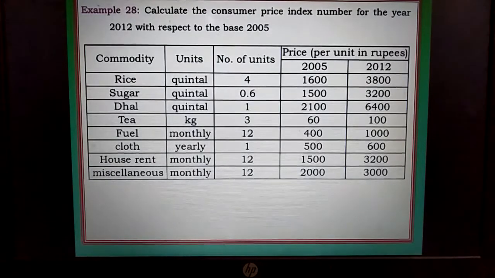Next problem, calculate the consumer price index for the year 2012 with respect to base 2005. 2005 is the base year and 2012 is the current year.